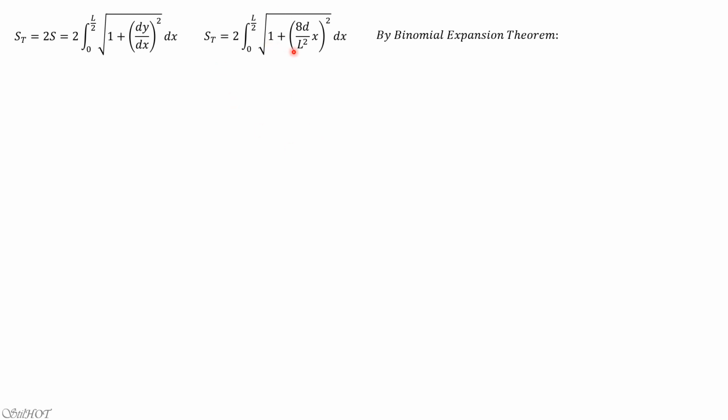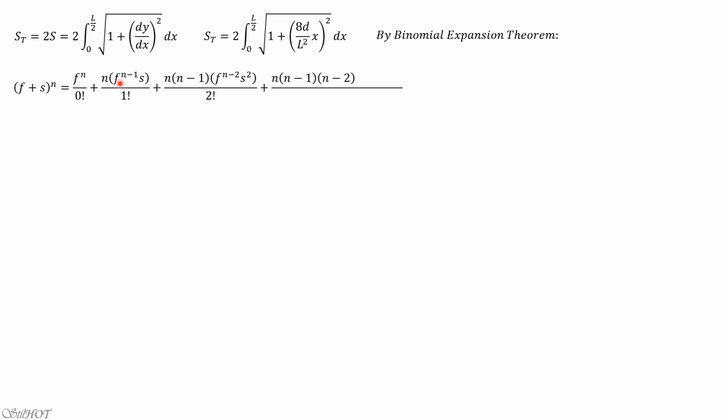We have the binomial expansion theorem from algebra that first term plus second term quantity to the n is equal to first term raised to n divided by 0 factorial, plus n times first term to the n minus 1 times second term divided by 1 factorial.